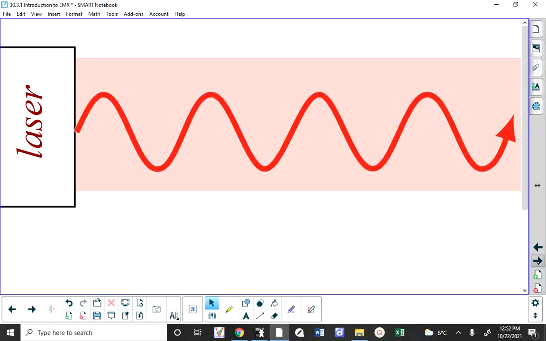All the things that water waves do and that sound waves do, or that any mechanical wave does, and I'm going to go back to physics 20 for a second in your mind and remind you that a mechanical wave is a wave where something physical is bouncing around or oscillating.